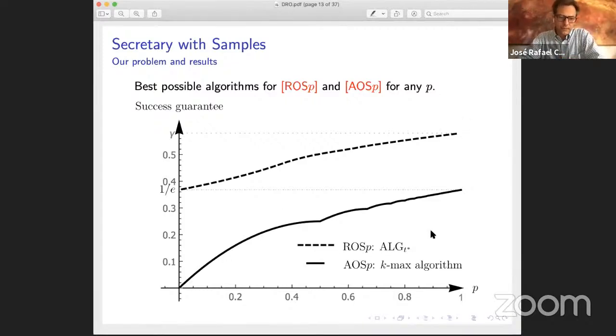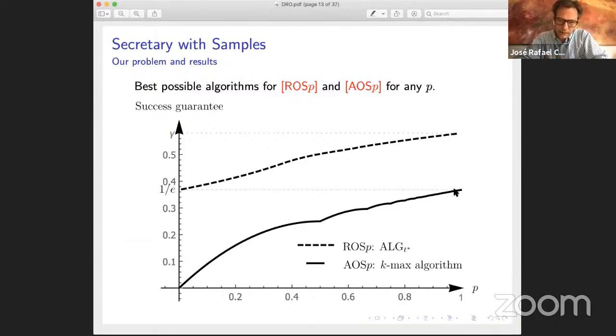And the connection here is even more intriguing. For the adversarial order, when P is 0, of course, you do nothing. But when P goes to 1, you go to this 1 over E, which is the guarantee that the paper by Alart and Islas gets, which is the case in which you have full information about the random variables that come in adversarial order.